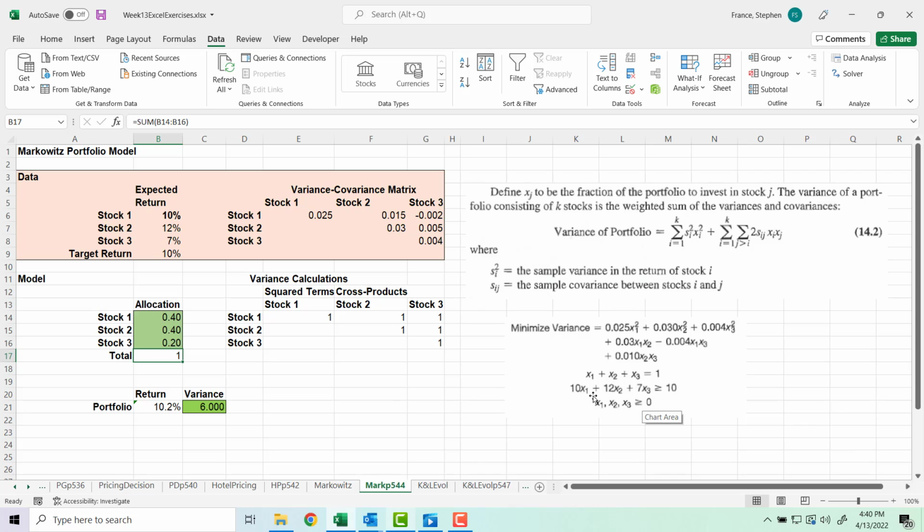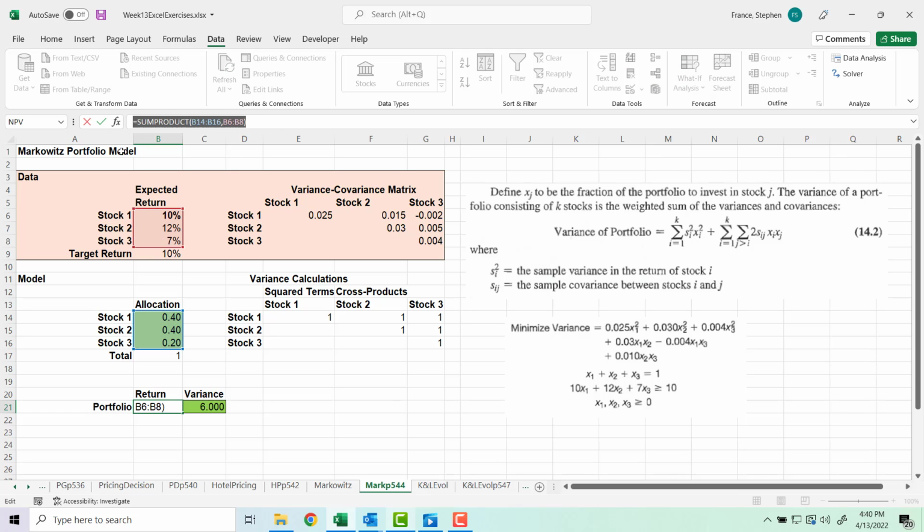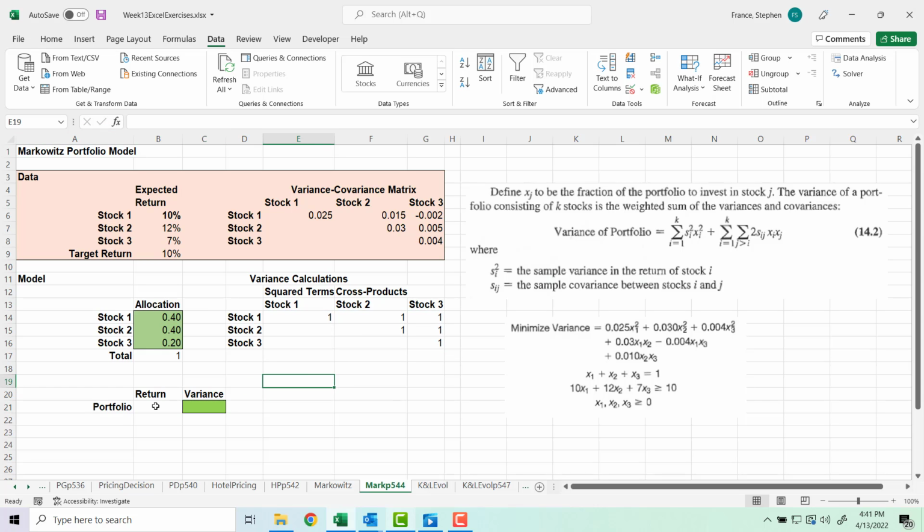We also have the return, and I'll put that in myself in a minute. The return is just the weighted sum of the expected returns.